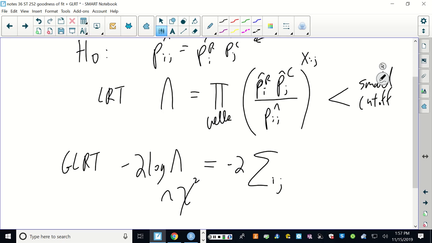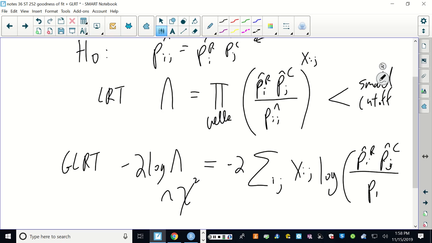You can put xij out front, and then the log of the ratio of these probabilities, pj hat column over pij hat. So you take this ratio for each cell, take the log of it, multiply it by the number of times that happens, add them up, and the -2 is there. And so that's the basic statistic.